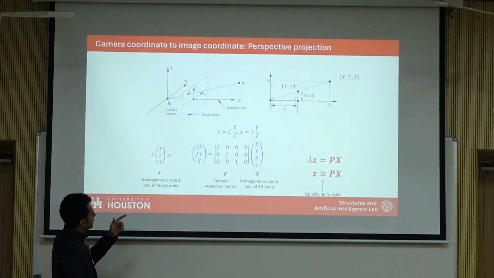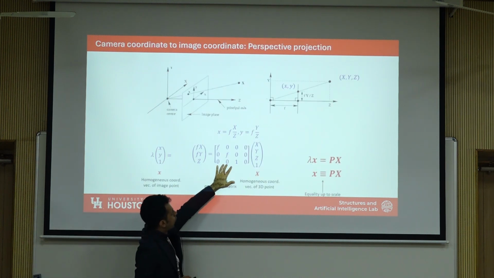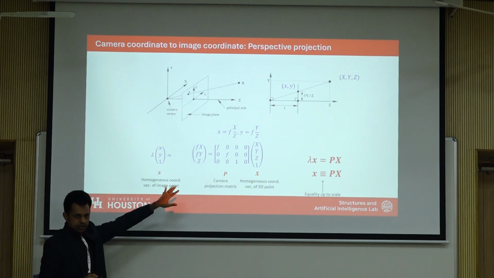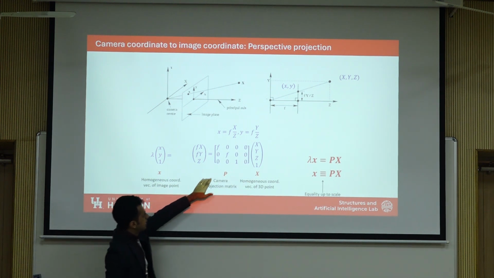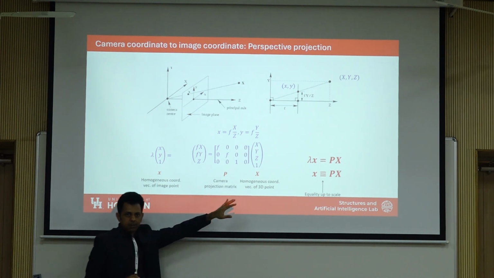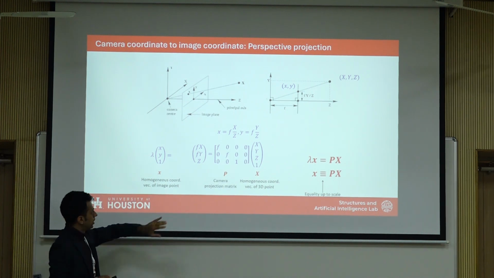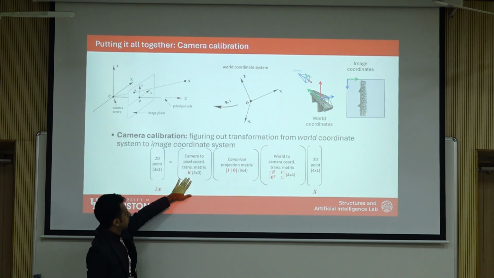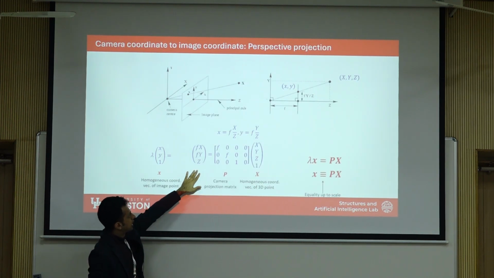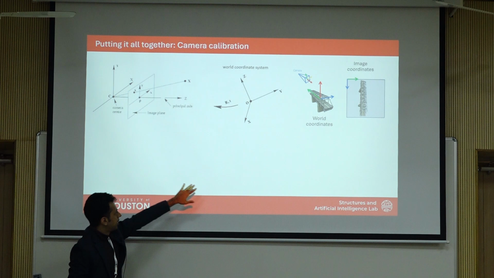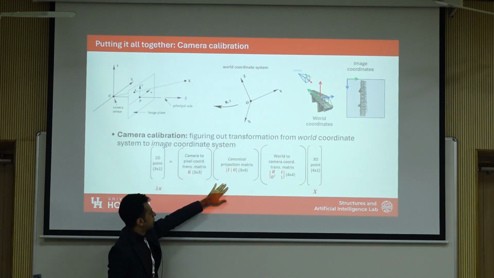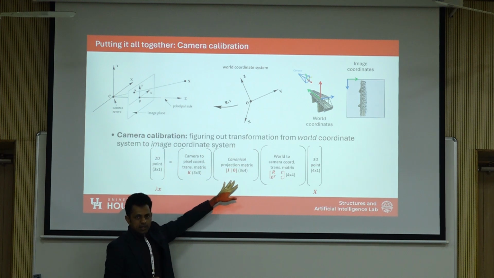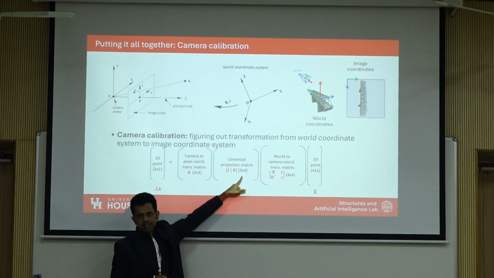Now, in the previous case, we saw that this is a 3 by 4 matrix. Right? We can split this as a 3 by 3 matrix and a 3 by 4 matrix, which would be as follows. We have a 3 by 3 matrix, which is simply the f, f and 1. And then we have this canonical projection matrix, which simply transforms this 3 by 3 matrix into a 3 by 4 matrix, just identity and 0.